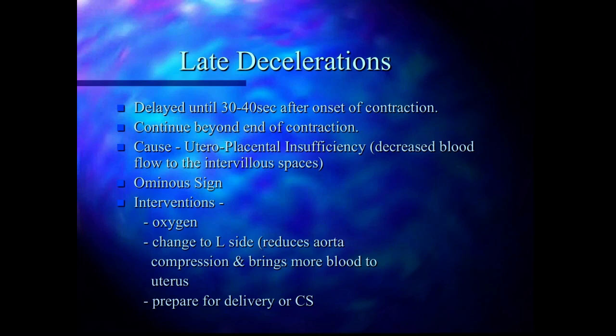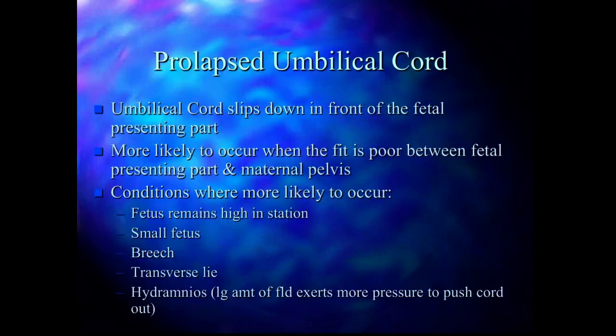Now, the variable decels, I forgot to say, usually take the shape of a V, a W, or a U. They're very abrupt in their drop, very abrupt in their coming back up. They're not a nice gradual contraction in bell-shaped curve at all. Gradual deceleration would be the opposite of a bell-shaped curve.